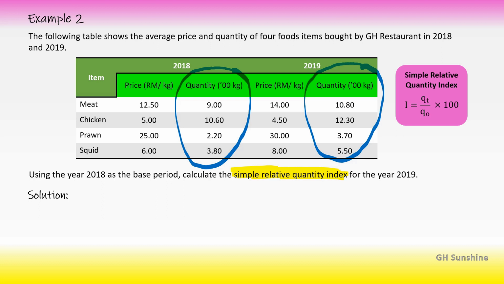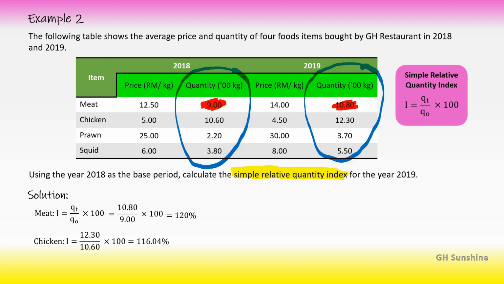Then where is Q0? Q0 is based on the quantity of the base period. Okay, next, substitute. For example, the simple relative quantity index for meat. QT, where is QT? 10.8 divided by Q0, 9, and then times 100. So you got 120%.